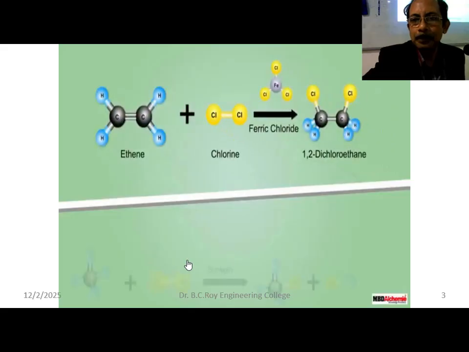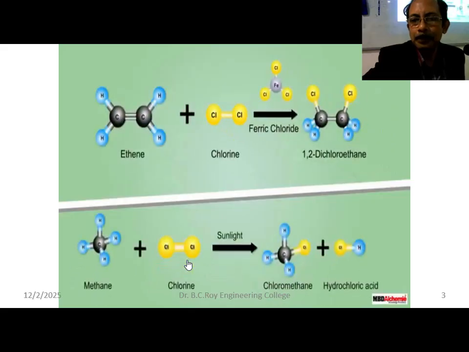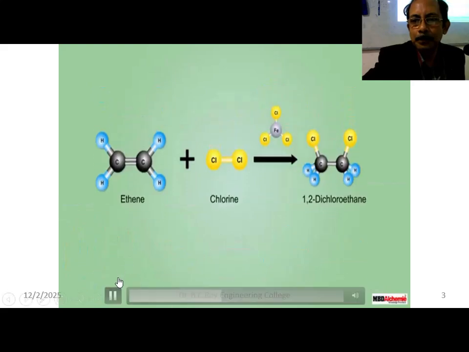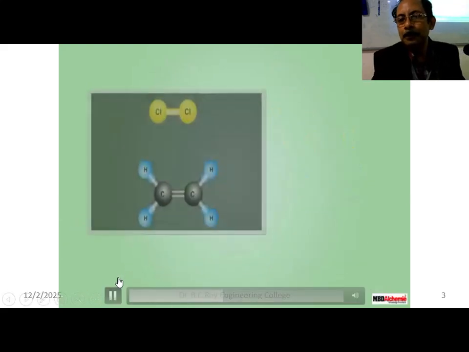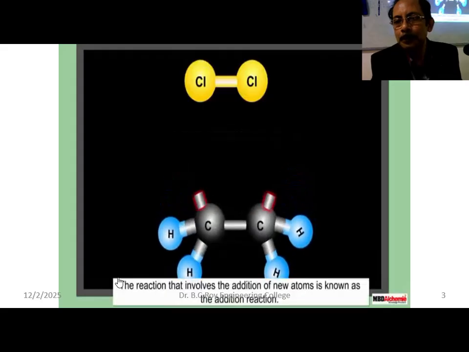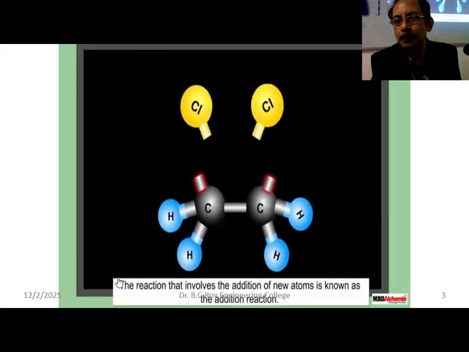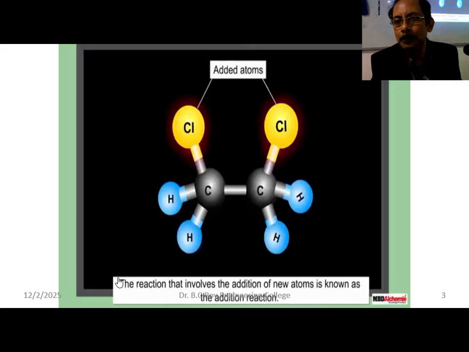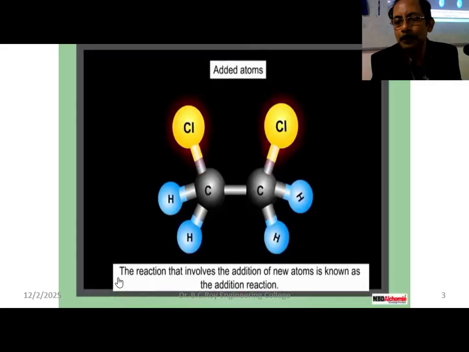So you have seen how differently chlorine reacts with two carbon compounds, ethene and methane. In case of ethene, the chlorine atoms add to the carbon atoms after partial breaking of the double bond. Since this reaction involves the addition of new atoms, it is known as the addition reaction.